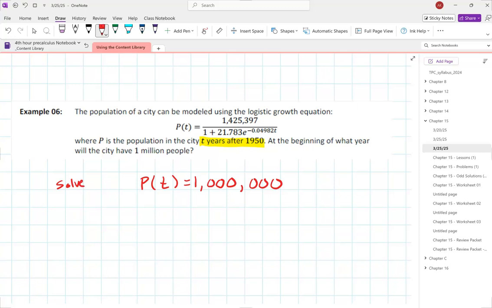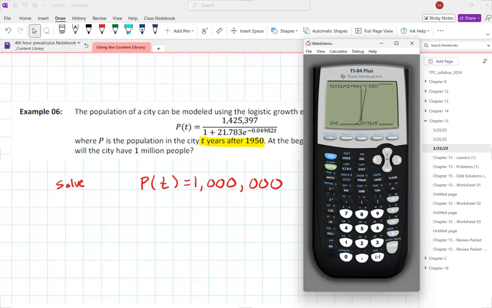So really here, my problem just becomes solving P of t equals 1 million. Again, do I have the algebraic skills necessary to solve this by hand? Not yet. What are we going to do? Type it in the calculator and find the intersection.